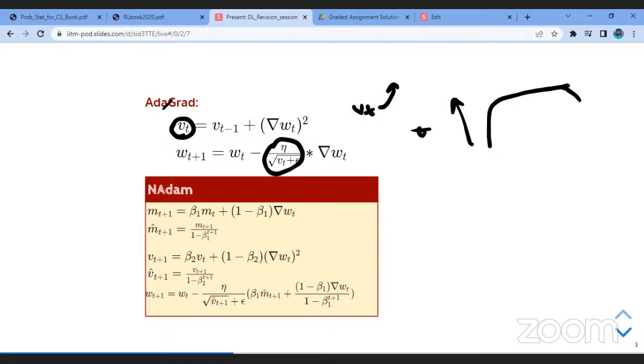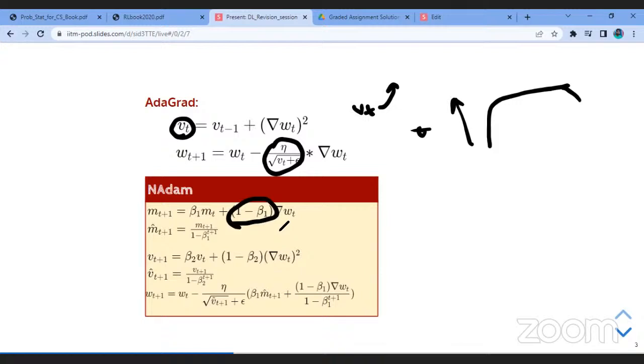So we modify this, and then we propose RMSProp, where we incorporate this exponential averaging, but without bias correction. We could have done the bias correction, and also remember, if we add this factor 1 minus beta 1, we need to do this bias correction. If we don't add this factor, we don't need to do this bias correction.